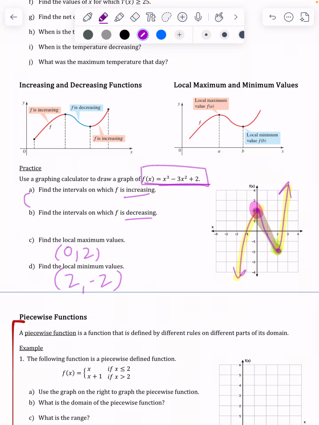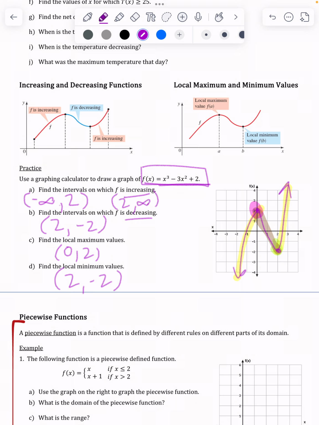And so it's increasing from that arrow, which is negative infinity, all the way to (0, 2), where the y value is 2. Then the brown, we're decreasing from 2 to -2. But then we increase again. And we increase from -2 to infinity.